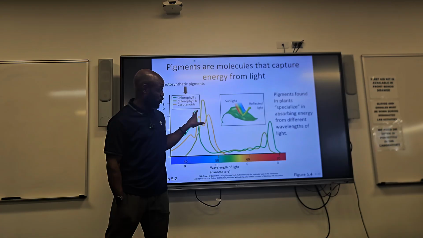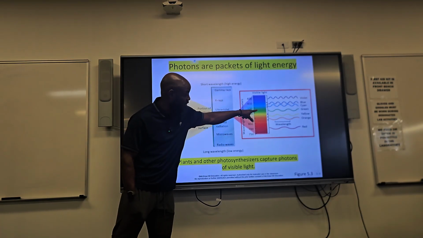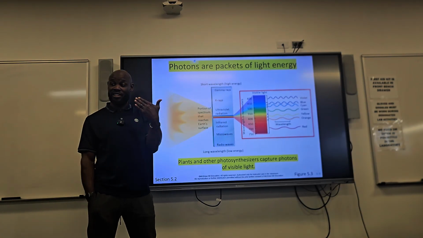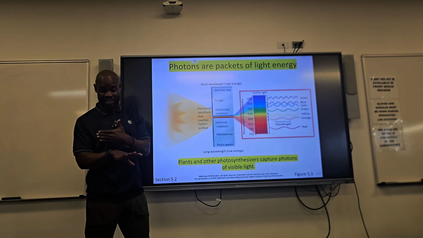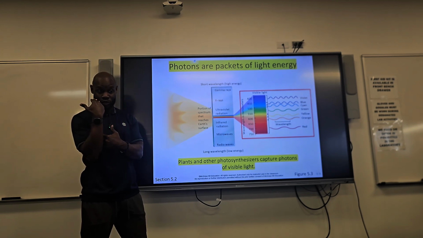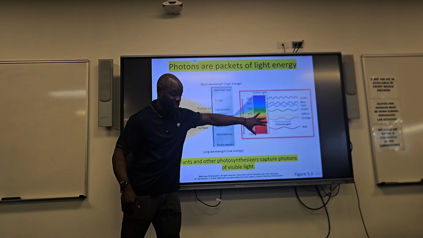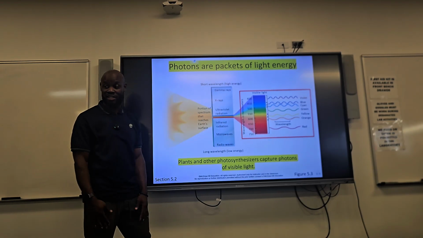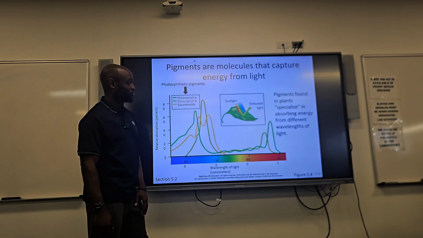Only the green portion is being reflected, not absorbed by the leaf. That's why the leaf looks green. The other portions are being absorbed into the leaf, right?